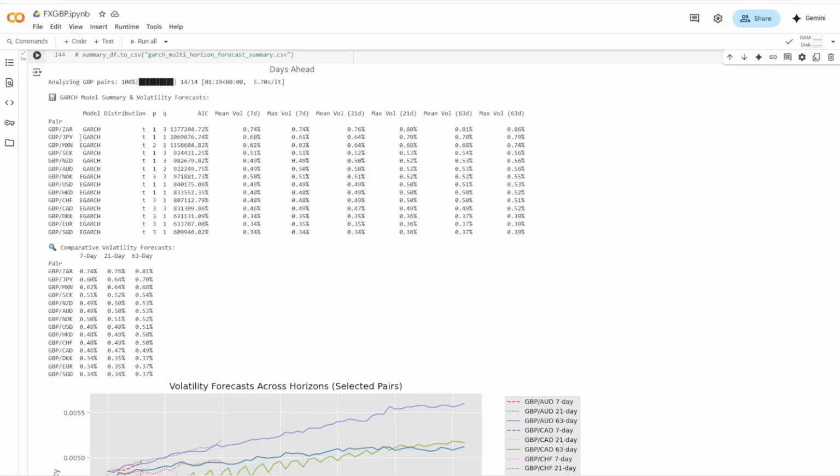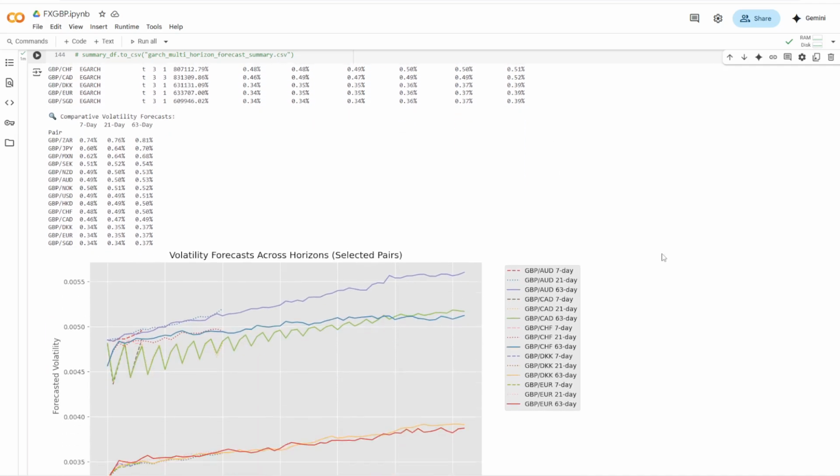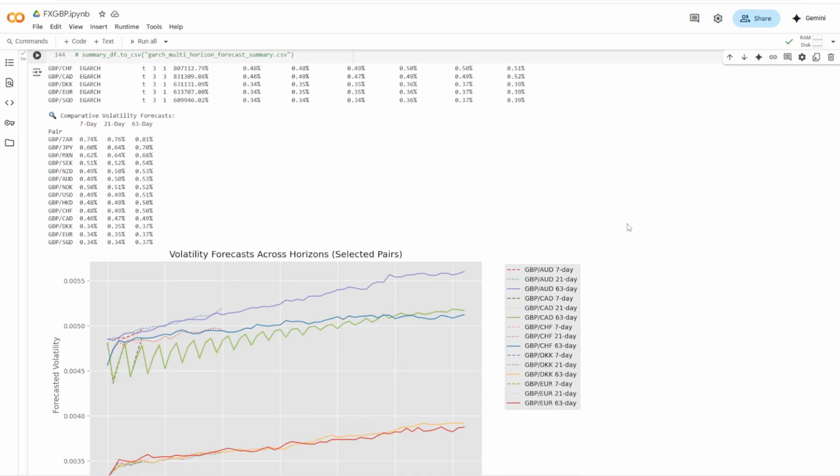Okay, so pound yen. We have some parameters, between 0.6 and 0.79 or 0.8 daily vol or max vol in a range that goes between 7 and 63 business days. So bear in mind the business day difference.